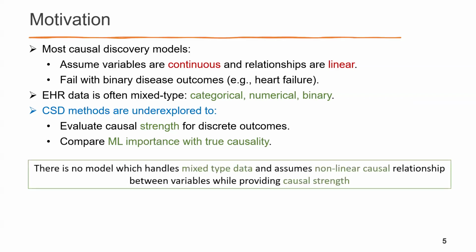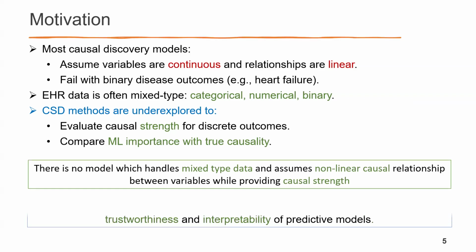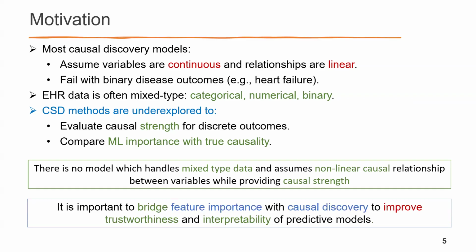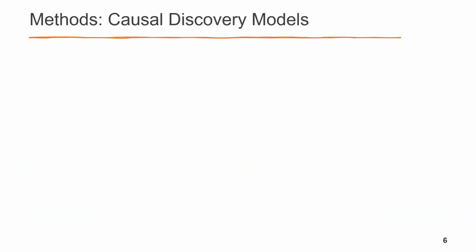Therefore, to the best of our knowledge, there is no model which can handle mixed type data and assume nonlinear causal relationships between variables while providing causal strengths. Also, it is important to bridge feature importance with causal discovery to improve the trustworthiness and interpretability of predictive models.